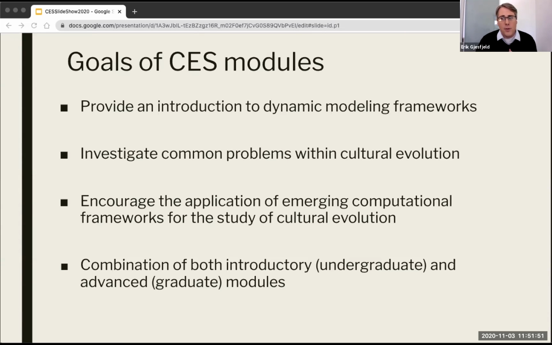In that sense, our module is probably more towards the latter half of these, in that it's a bit more math oriented and a bit more focused on the methodological decisions surrounding our modeling framework. We hope that can be of some use to people interested in applying various cultural evolutionary methods.